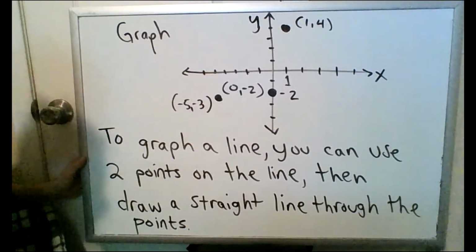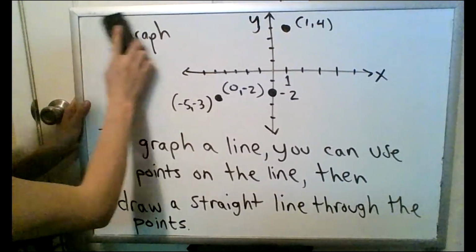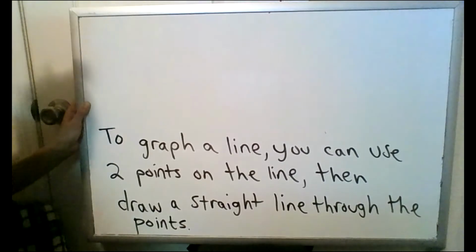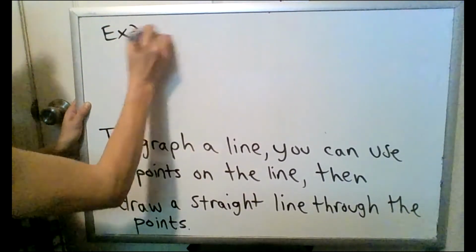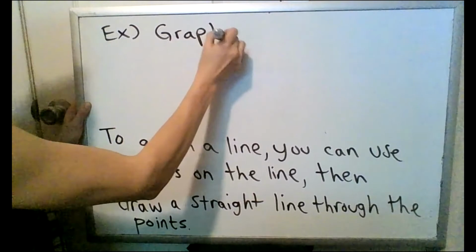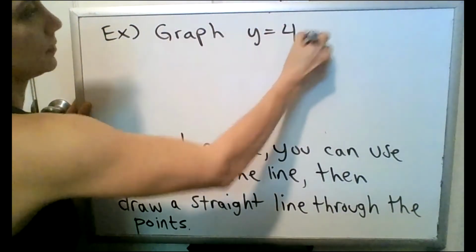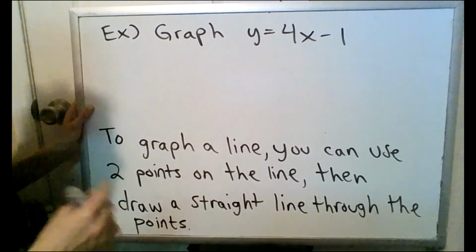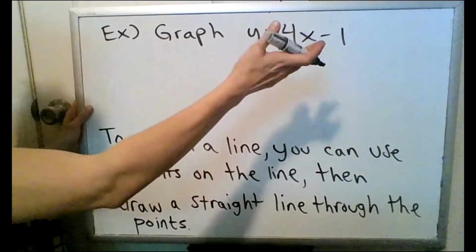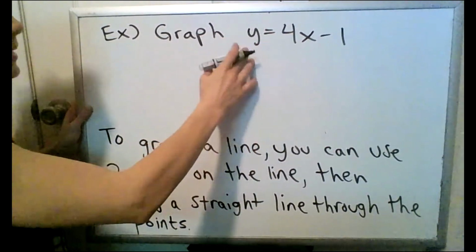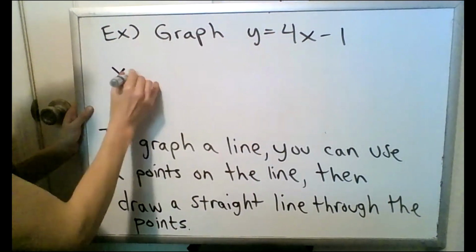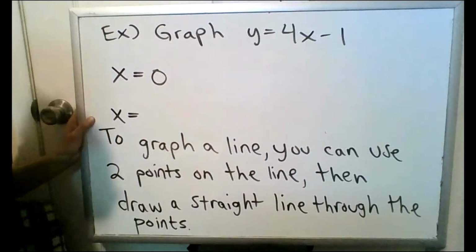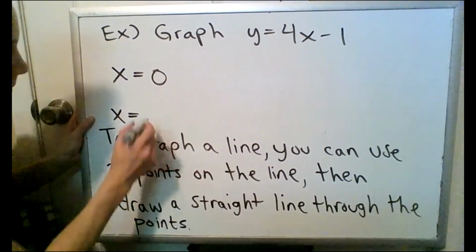We want to graph y equals 4x minus 1. So you can find 2 points, and I can pick any number for x and then figure out what y would be. And let's try x equal to 0. And I'm going to pick x equals, maybe just pick 1.